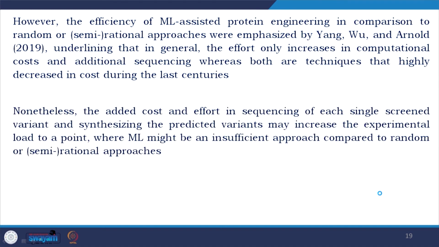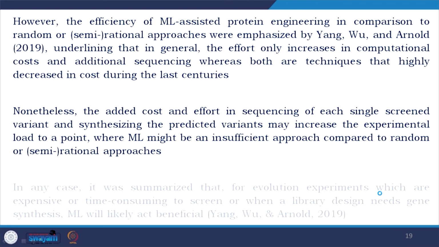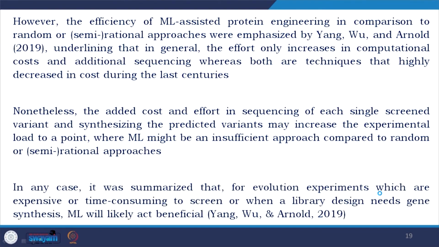Nonetheless, the added cost and effort in sequencing of each single screened variant and synthesizing the predicted variant may increase the experimental load to a point where machine learning might be an insufficient approach compared to random or semi-rational approaches. In any case, it was summarized that for evolution experiments which are expensive or time consuming to screen, or when a library design needs gene synthesis, ML will likely act beneficial.